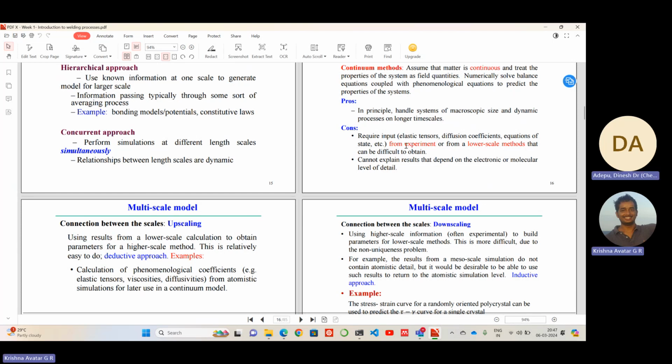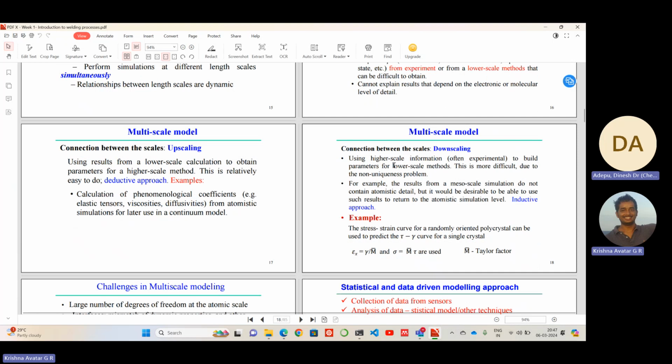It requires experimental data or some other lower scale methods which can be difficult to obtain, and we cannot look at electronic or molecular level information. How they are related is we can either use the results of lower scale to obtain parameters for higher scale, which is known as upscaling, or we do downscaling, in which we move from higher scale and let it percolate to lower scale detail, so to speak.